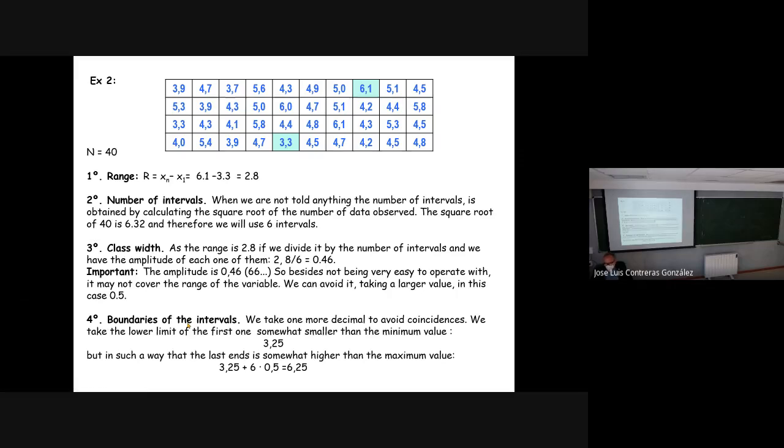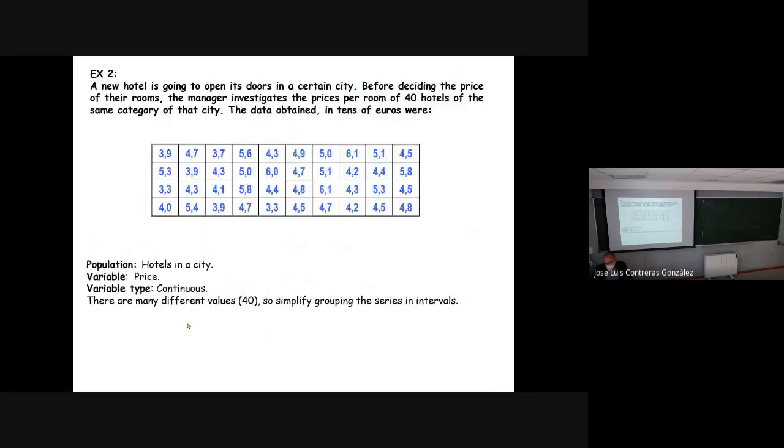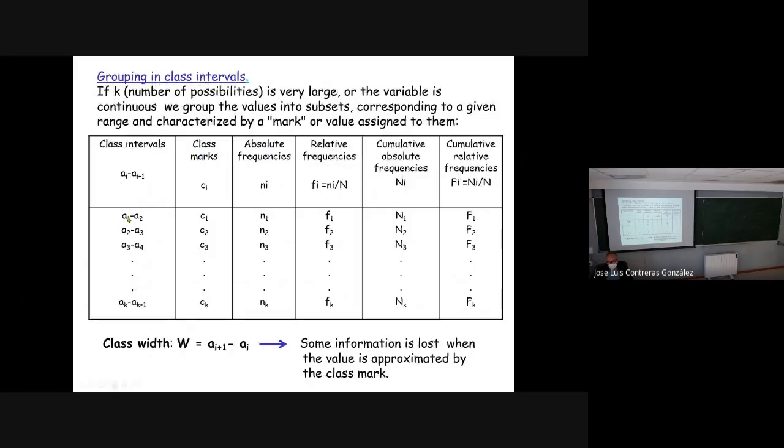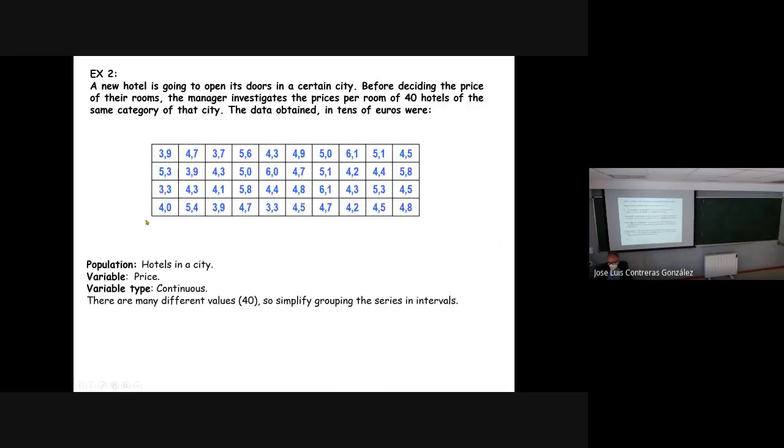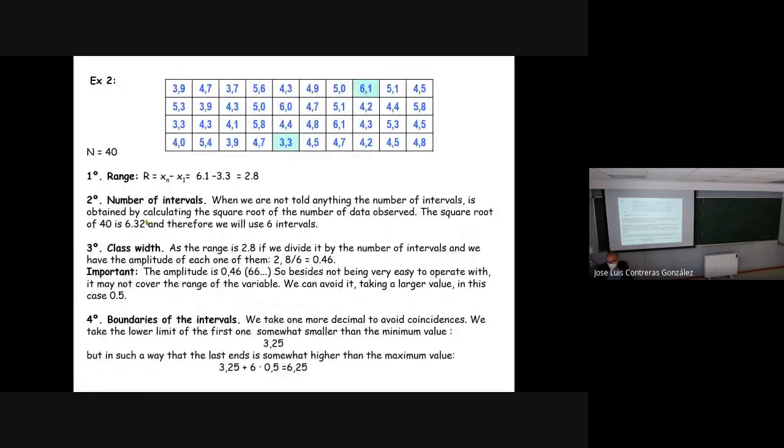Okay, in our units. The boundaries of the intervals. We have to define these numbers here. The first class goes from this value to this value. We're going to choose them in such a way that it's very easy to see if an element belongs to one class or to another class.